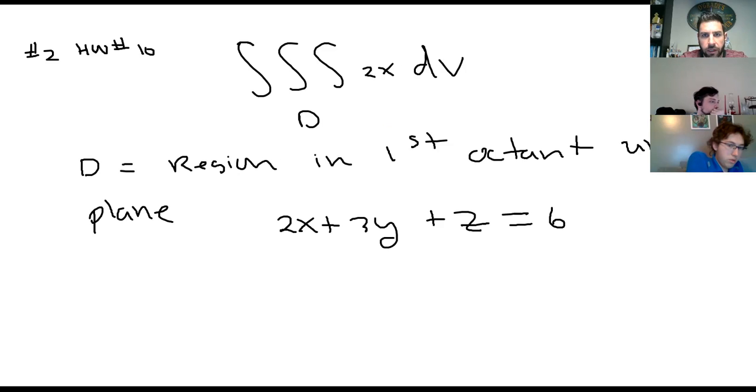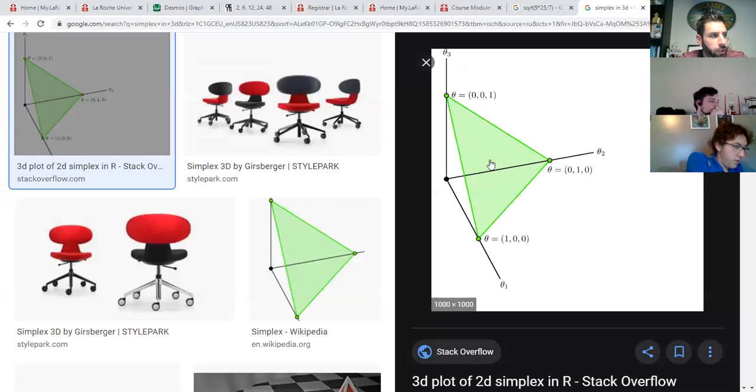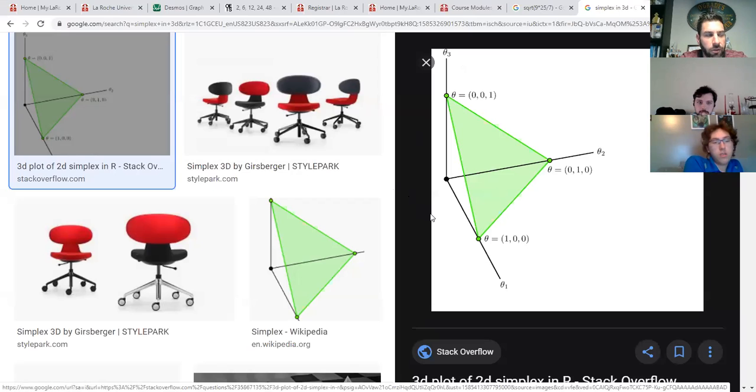So I'm going to share my internet page for a second. If you look at this picture on the right, this is an example of what it's going to look like. If you take a plane and you restrict it to the first octant, it makes this sort of solid that has a triangular roof. It's kind of like a tent. We're going to explain how you can visualize that in a second.